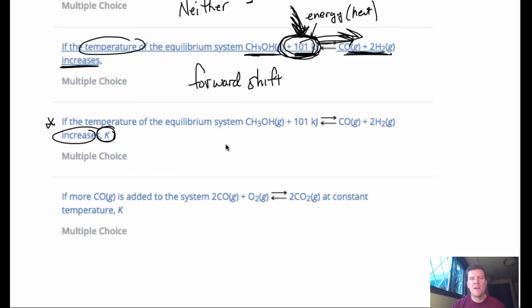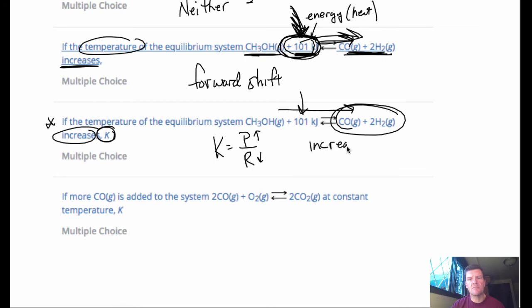Remember, K is products over reactants. It's a ratio. If you increase the temperature, you bring in more heat here, and it starts to kick in the forward direction, you're going to make more products. So this number is going to go up, and this number is going to go down, making K larger. It's going to increase. It's going to get bigger.